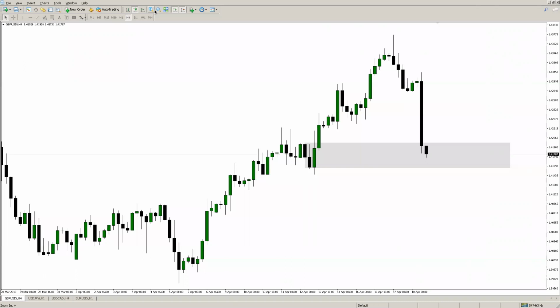I really started going super hardcore on marking up my levels, staying in the charts, watching for the level to get hit. But whenever the level would get hit, I was waiting for confirmation. So I guess my biggest aha moment was whenever I started to develop patience, able to just wait.